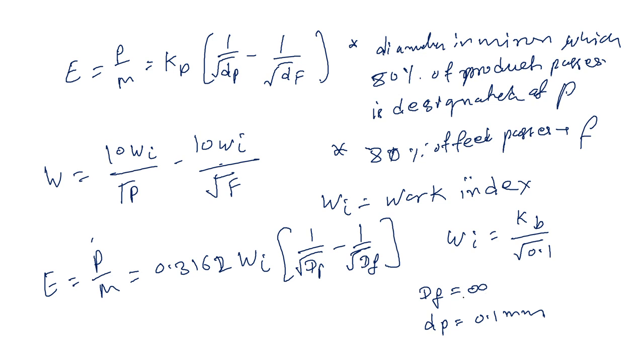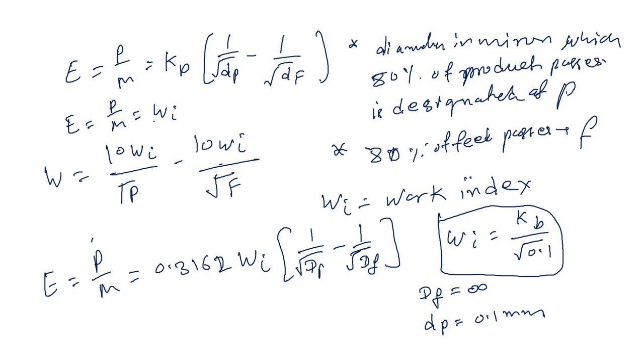By using this we can find the k. We can put this in place of kV, and the work index can be written as E is equal to P by M is equal to Wi.